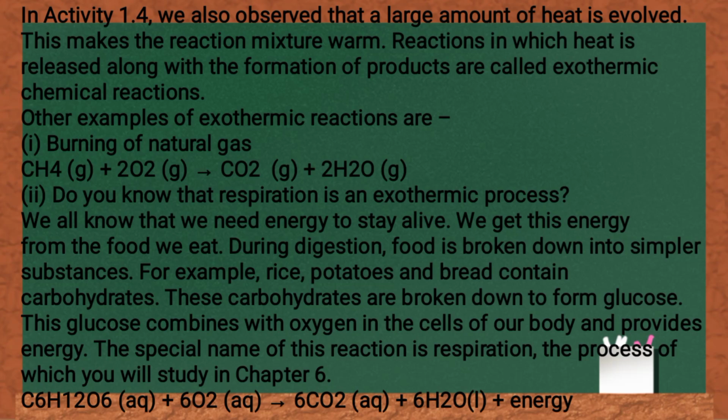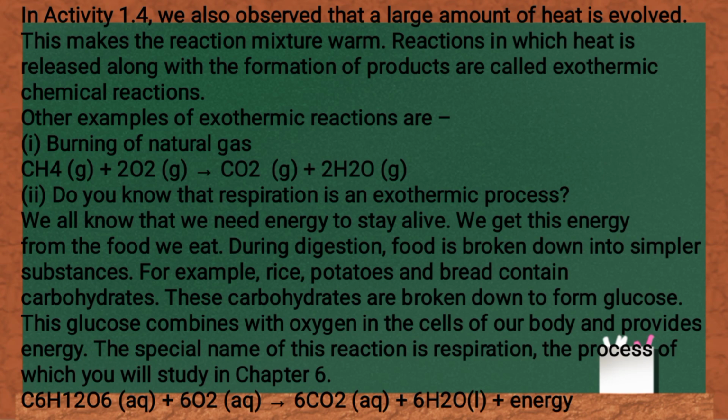Other examples of exothermic reactions are burning of natural gas. So you can see here CH4, methane, plus oxygen forms carbon dioxide plus water. Do you know that respiration is an exothermic process? We all know that we need energy to stay alive. We get this energy from the food we eat.